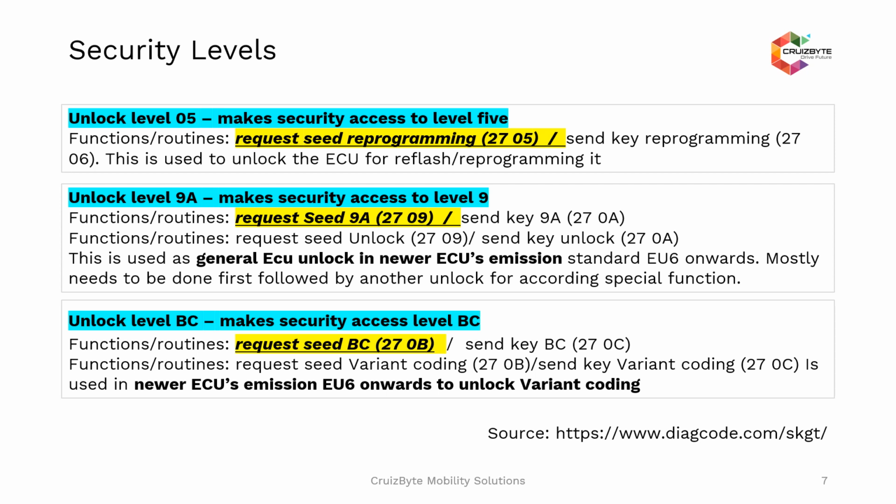For any special function, this kind of unlocking or handshaking mechanism can be used. And one more is unlock level BC, and this is also used in newer emissions, Euro 6 onwards, to unlock variant coding.